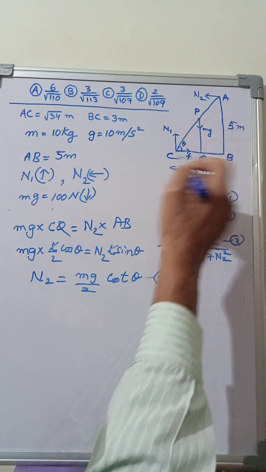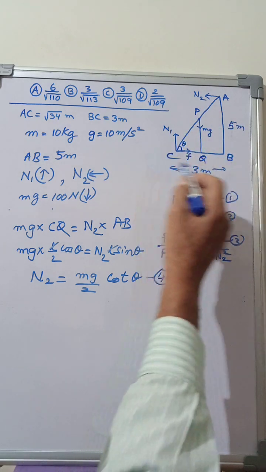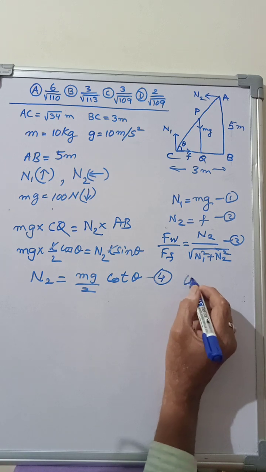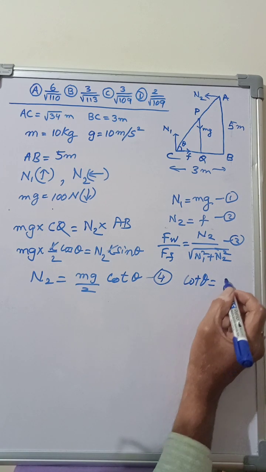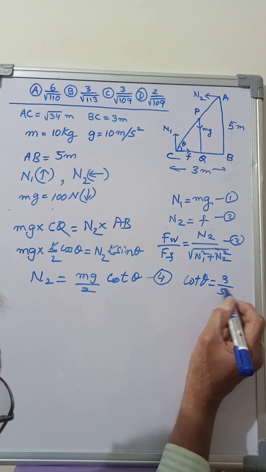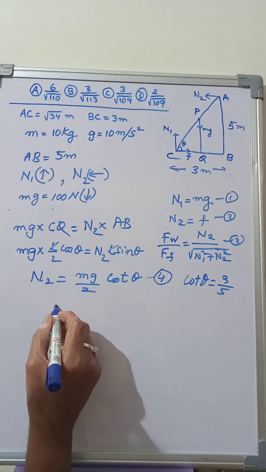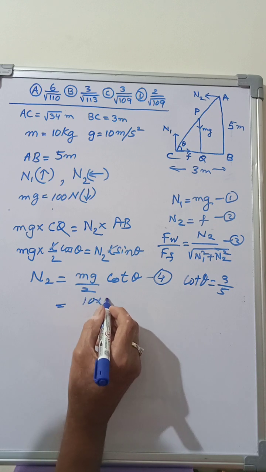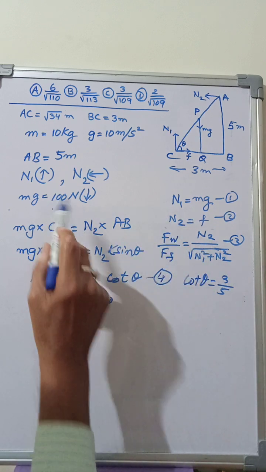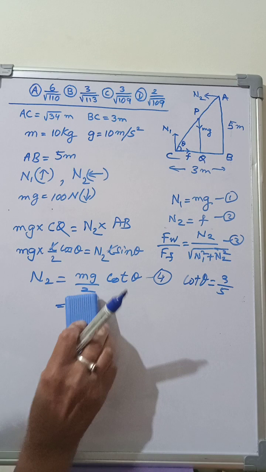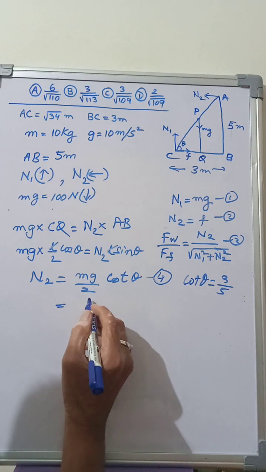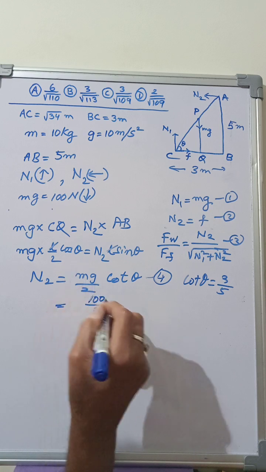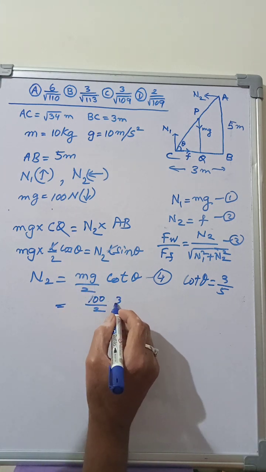Now in triangle ABC, cot theta is equal to BC by AB. Therefore, cot theta is equal to 3 by 5. Putting these values here, mg is equal to 10 into 10, which is 100. So N2 is equal to 100 by 2 into cot theta, with cot theta equal to 3 by 5.